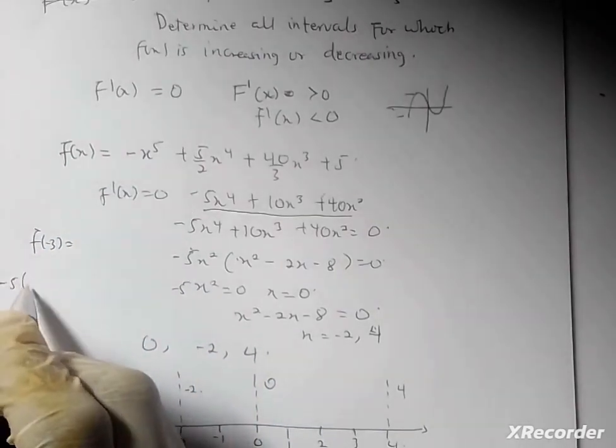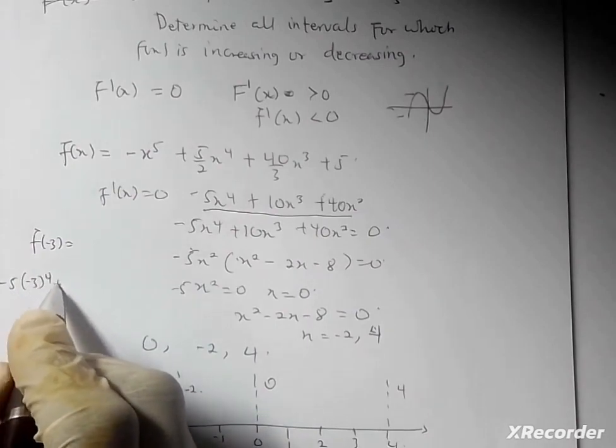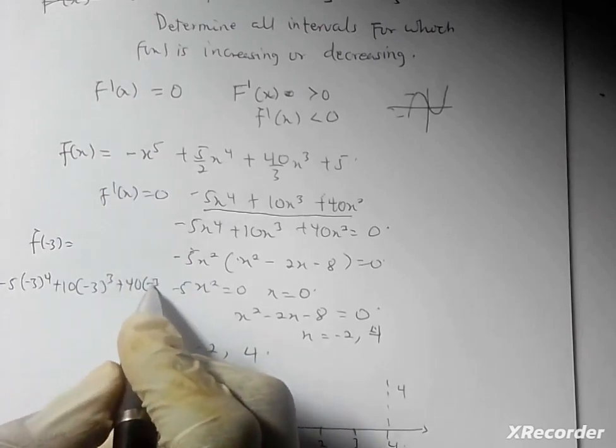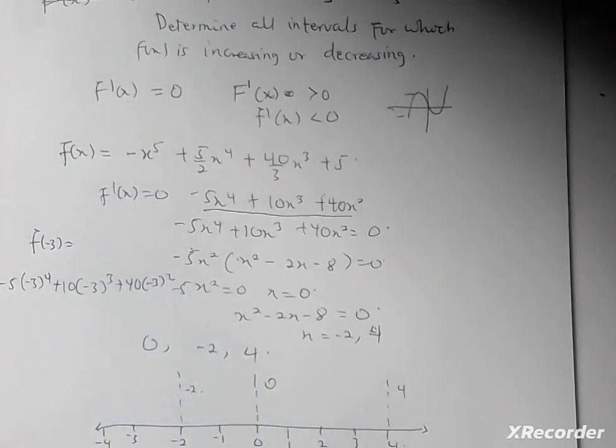Negative 5, open bracket, negative 3 to the power 4, plus 10, open bracket, negative 3 to the power 3, plus 40, open bracket, negative 3 to the power 2.